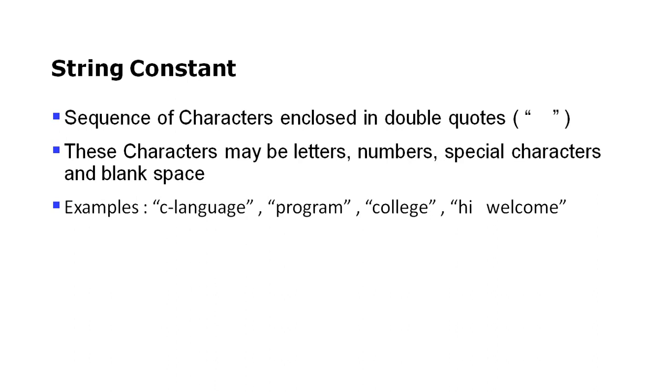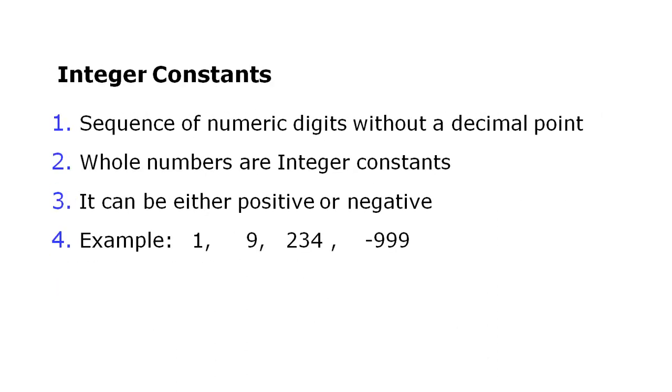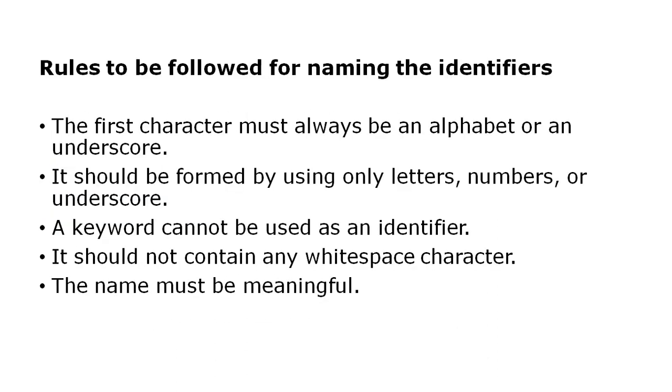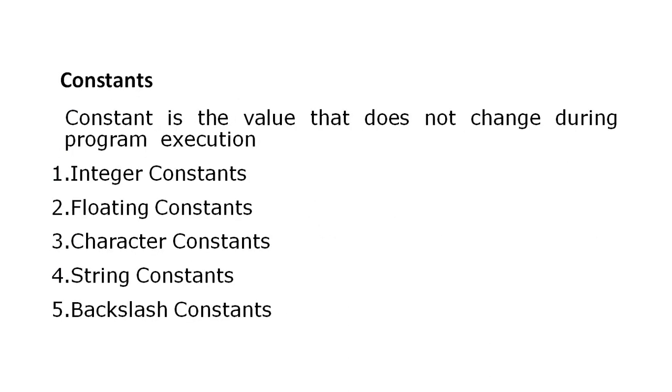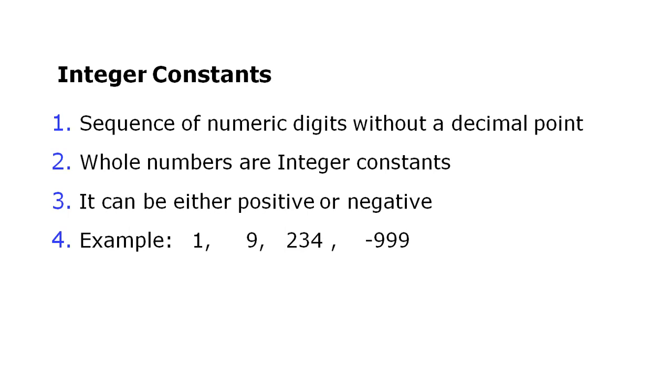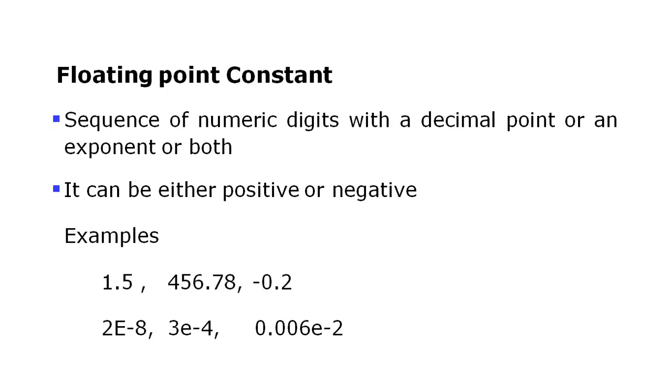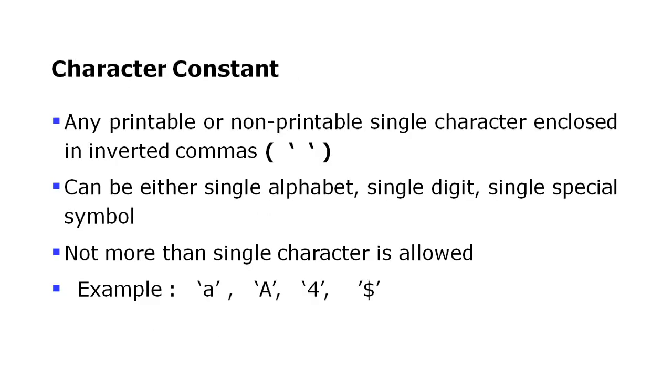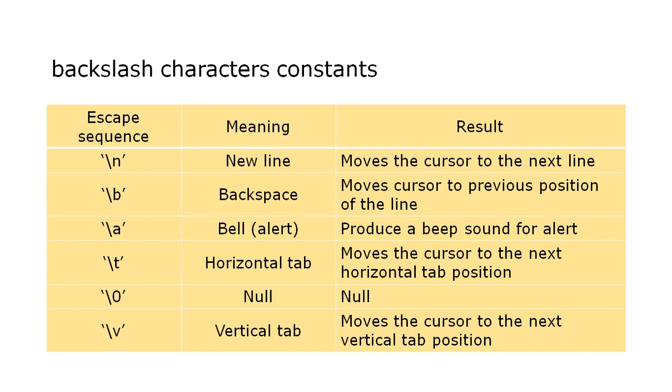These characters may be letters, numbers, special characters, and blank space. Here are the rules to be followed for naming identifiers, and the constants: integer constants, floating point constants, character constant, string constant.